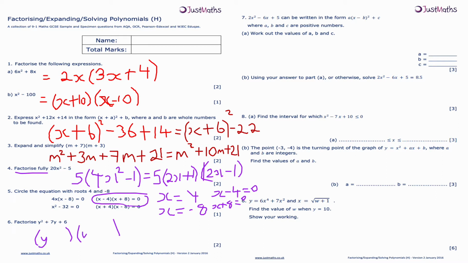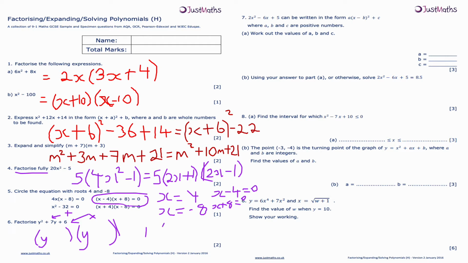So this is worked out by finding the factors of this end number. So the factors of 6 are 1 and 6 and 2 and 3. So 7 is made by 1 plus 6 and 6 is made by doing 1 times 6. So it's y plus 1 and y plus 6.